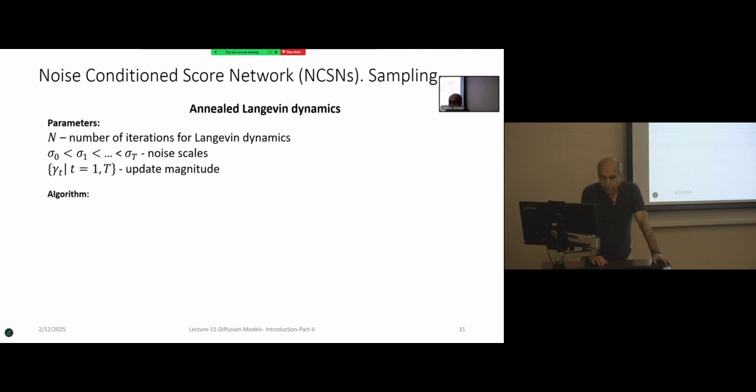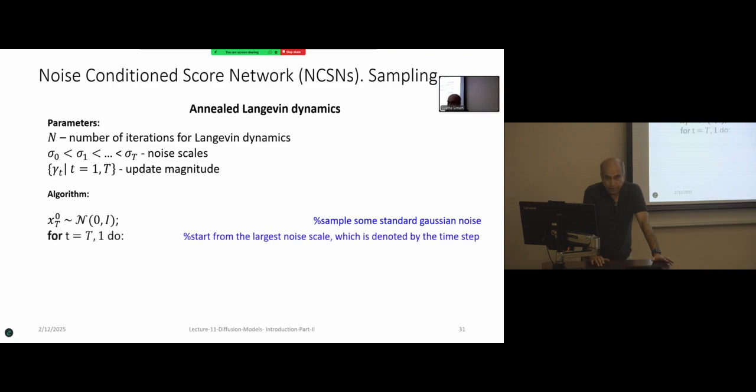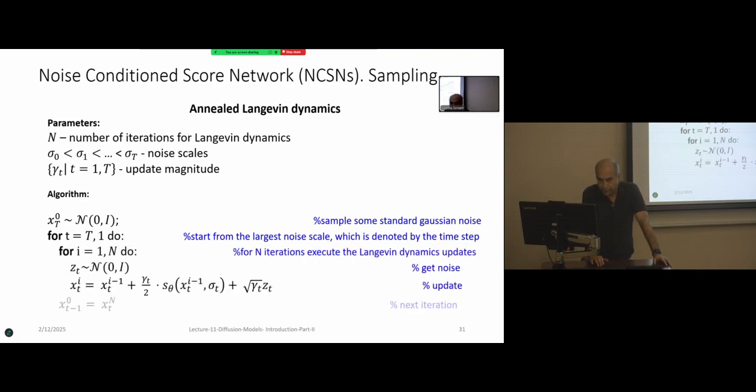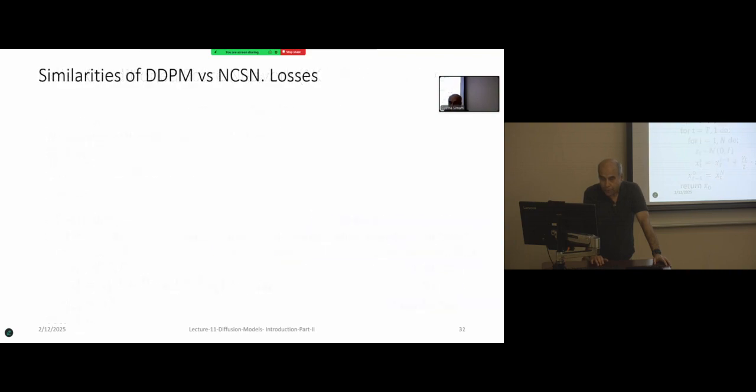Sampling is the same thing: we start with a normal distribution and go through. Now, as you can see, the DDPM and this score matching are very similar.